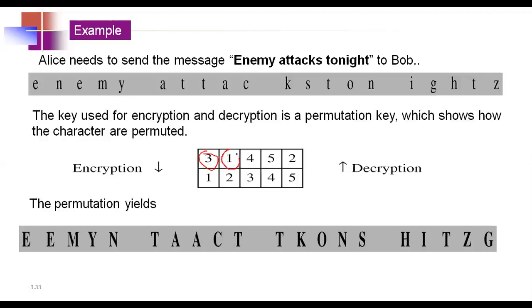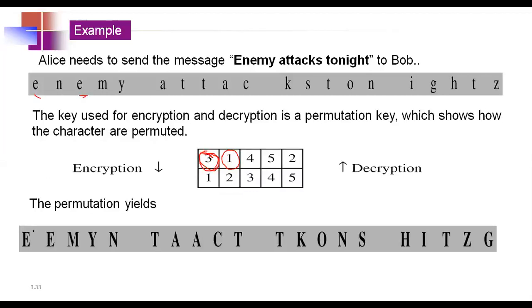The second character in the ciphertext is the first character of the plain text, that is E. That means the first position of the ciphertext is 3. What is 3 in the plain text?